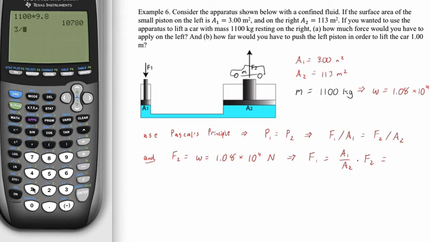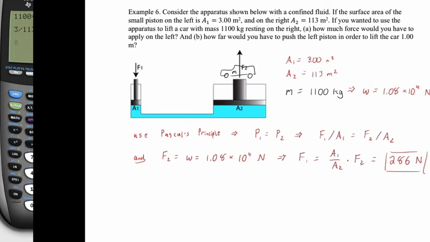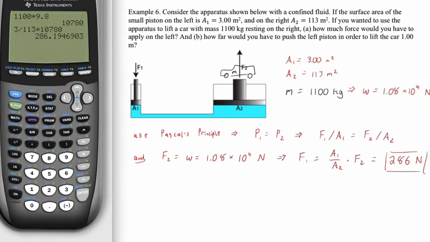We're going to divide that by 113 and then multiply it by our force. So we get 286 newtons. That is our answer to part A. A pretty manageable force, right? A much smaller force than is needed to lift the car without our apparatus here.